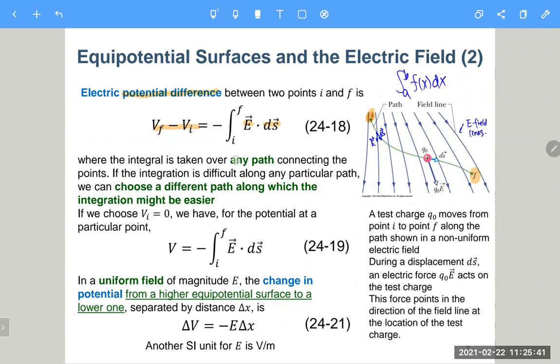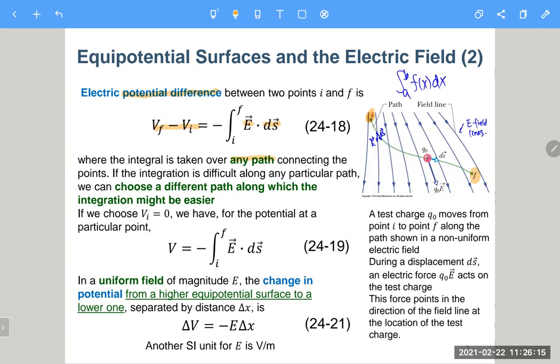So take any path connecting the points. If the integration is difficult along a particular path, we can choose a different path along which integration might be easier. Maybe you choose a straight line, maybe sometimes a circle path, or an arc within a circle.